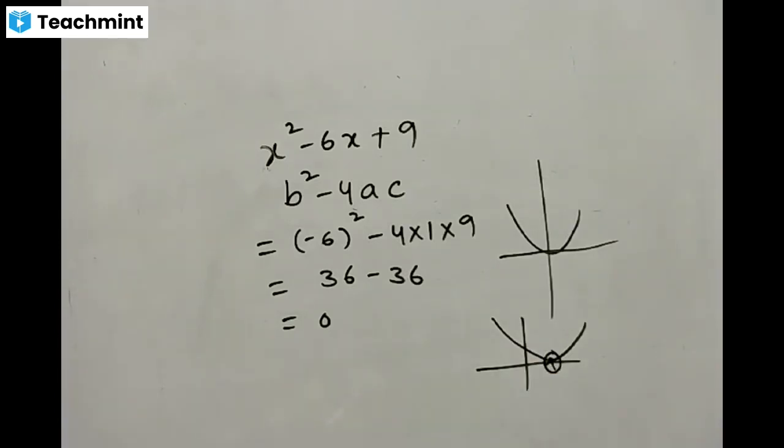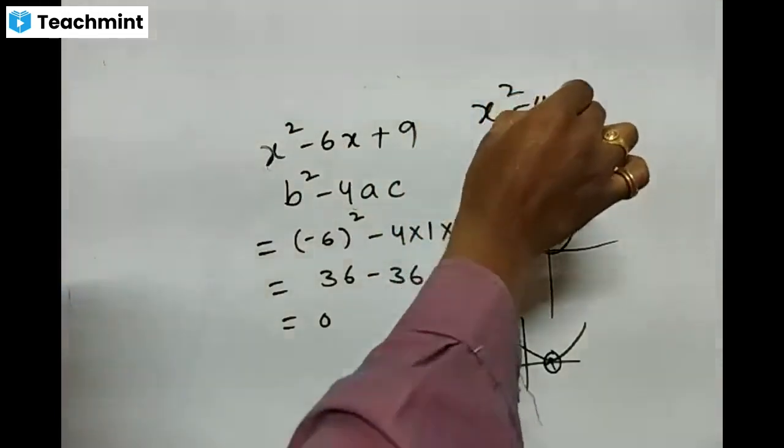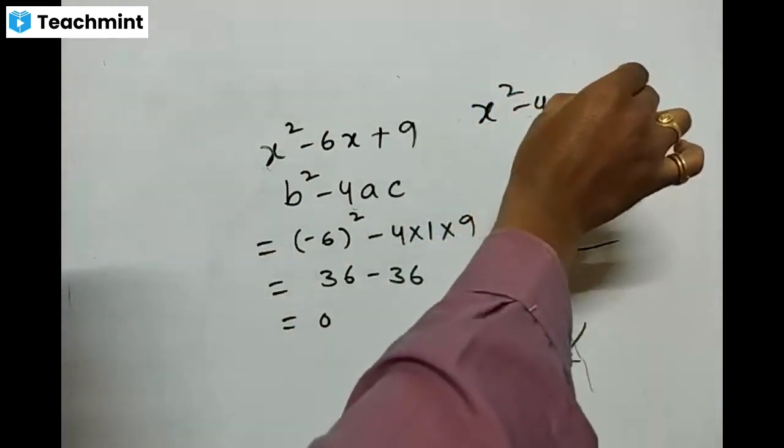So like that. Next. Now tell me, calculate the value of b square minus 4ac for this question.